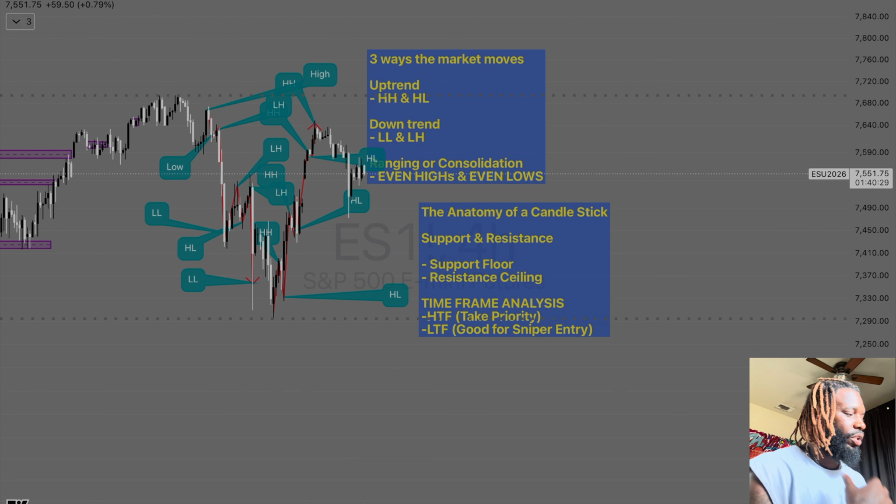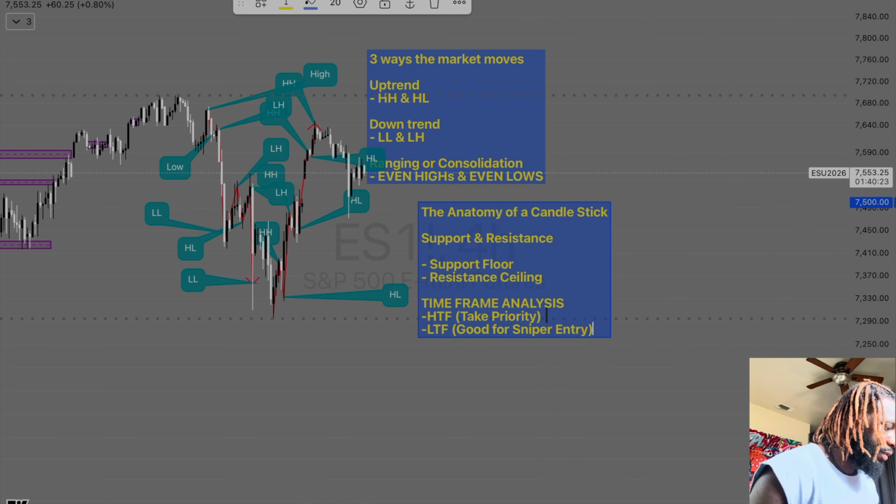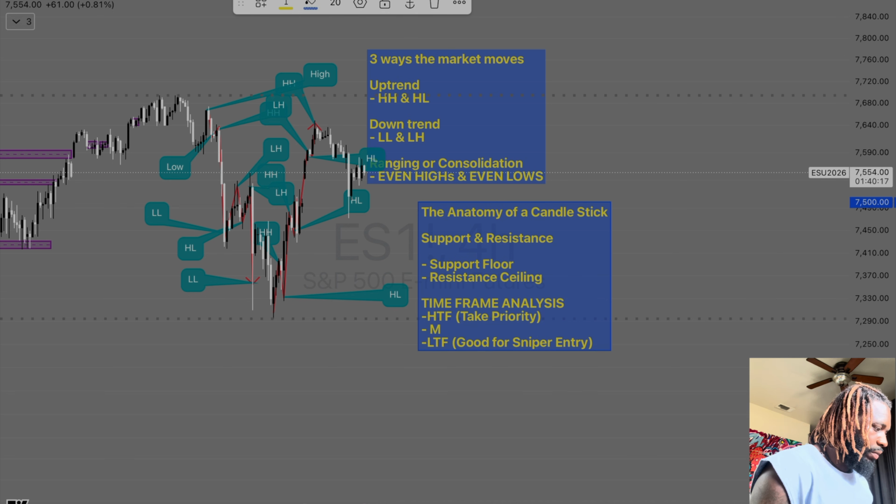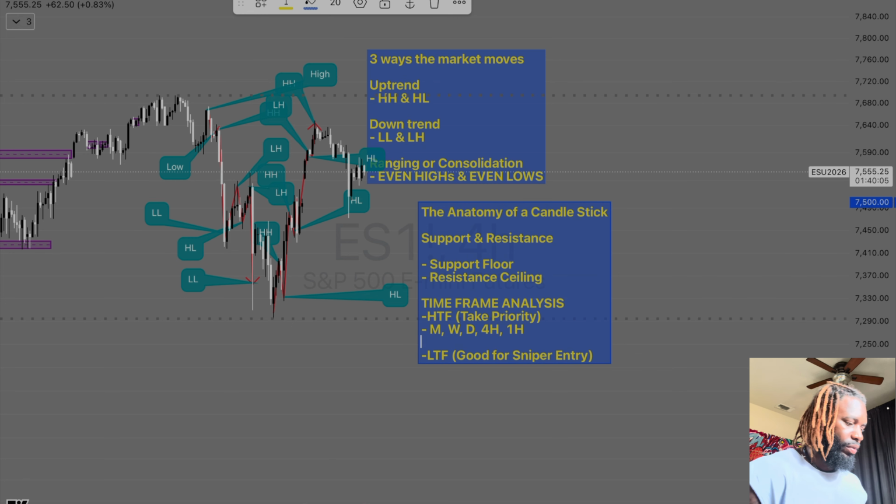And you can just continue going on with the entire time frame analysis. Let's say, for instance, you've got your monthly, weekly, daily, 4H, and I would even say 1H. Those are your higher time frames, in my opinion.